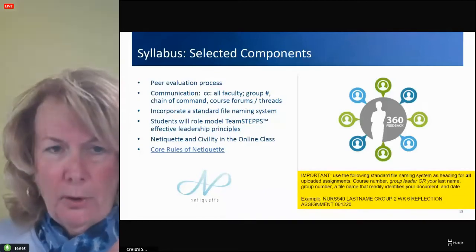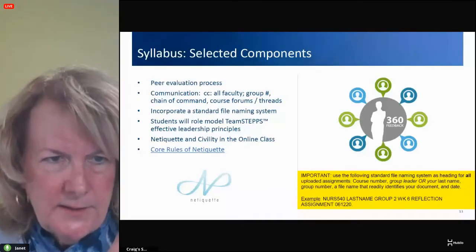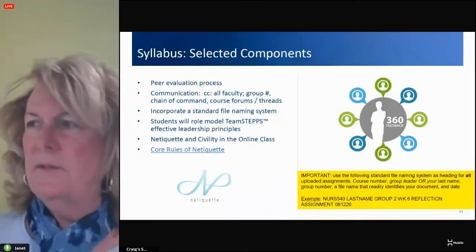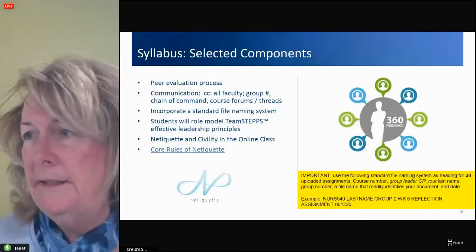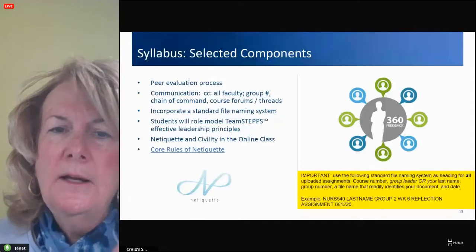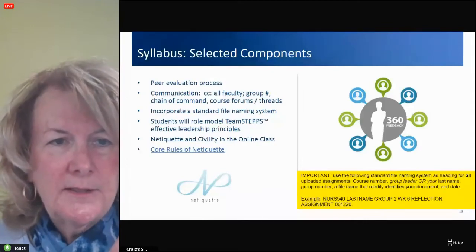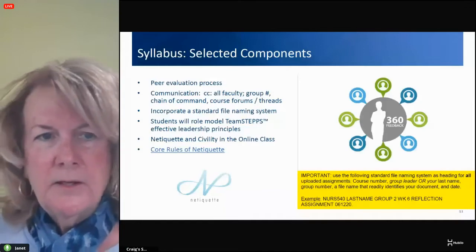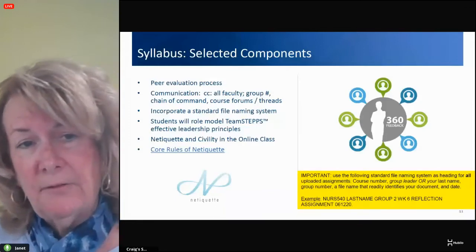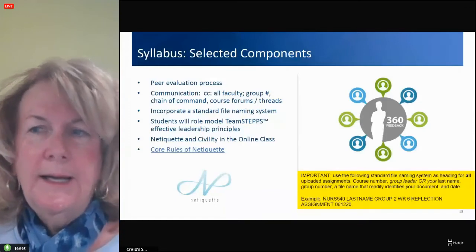I ask them to incorporate a standard naming system on all of their files that they upload for us to grade. I've got that highlighted in yellow here on the lower right. The reason for this is sometimes there are technical difficulties within the system. Students will upload a PDF or they'll upload a Word file.